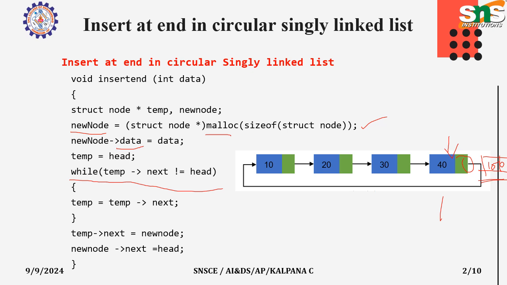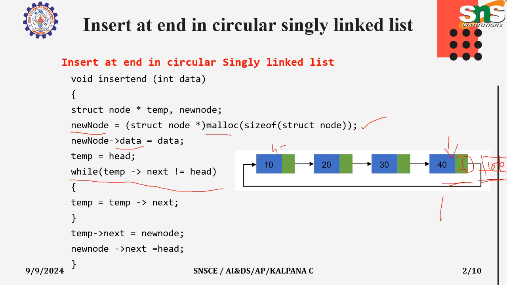The node which has the head address in its next field is going to be the last node. Here, instead of null, we have placed the head address. So for that I'm using a while loop on temp of next.